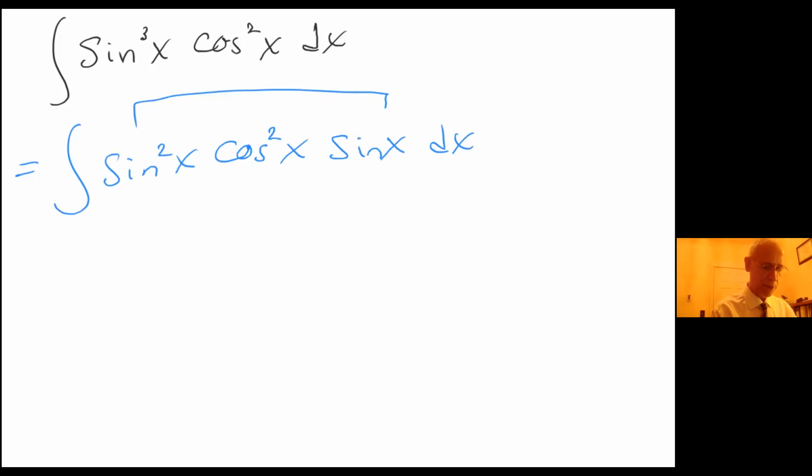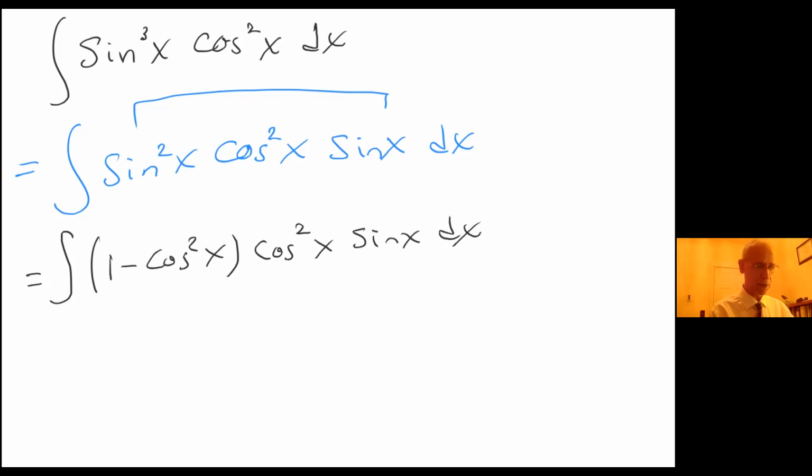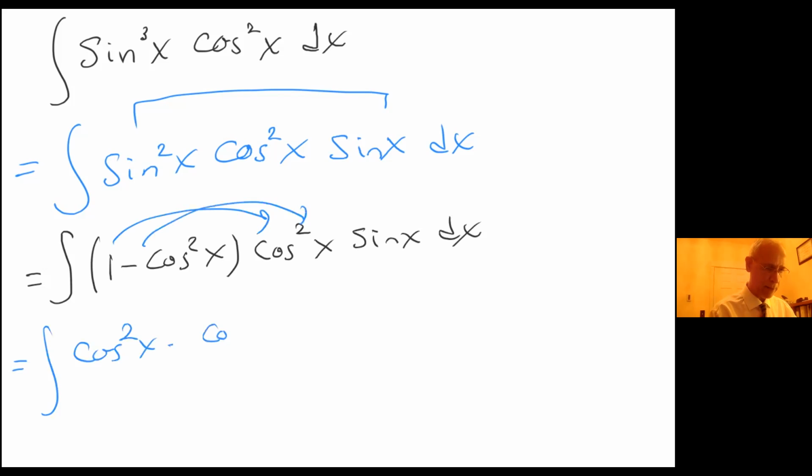Now I'm going to use the Pythagorean identity and say 1 minus cosine squared of x, times cosine squared of x, times sine of x dx.